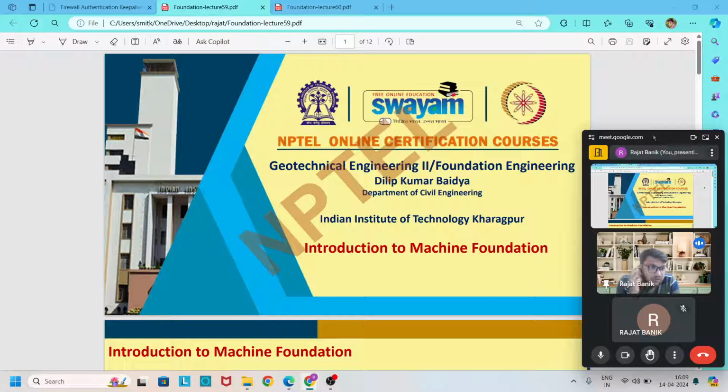In the previous class we solved some numerical problems on machine foundation, also on dynamic loads of foundation, where we studied the different types of vibration, free vibration, forced vibration, undamped system, damped system, their equations, and how to find the damping ratio by different methods like the half bandwidth method or the logarithmic decrement method, and solved some very important problems.